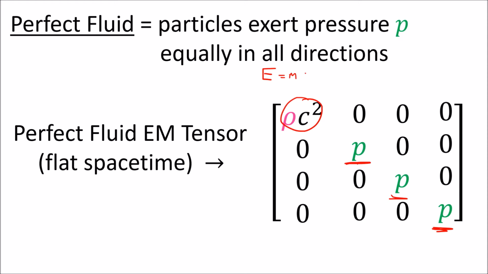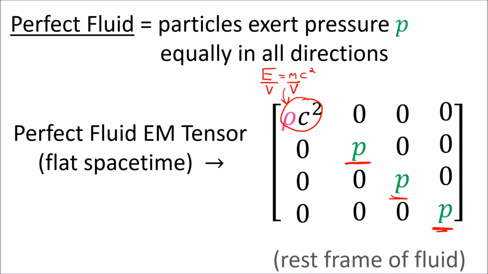This is like E equals mc squared, but divided by volume to write the energy density as the mass density times c squared. All other components are zero because perfect fluids have no shear stresses or viscosity. So this is the energy-momentum tensor for a perfect fluid in the flat spacetime of special relativity.